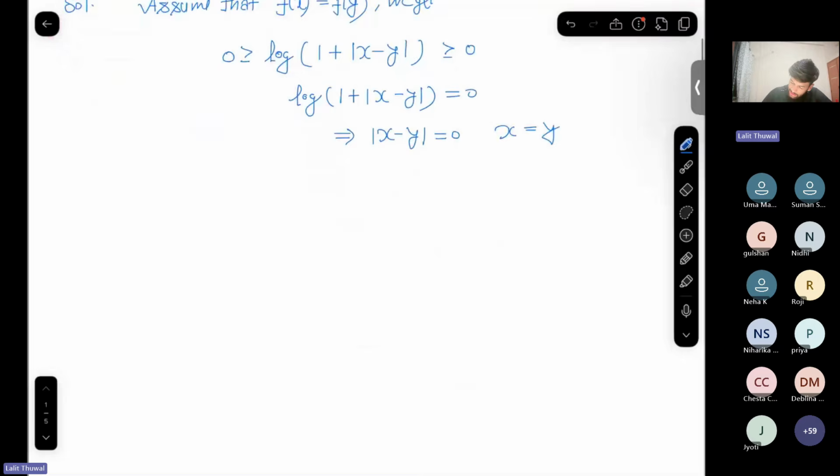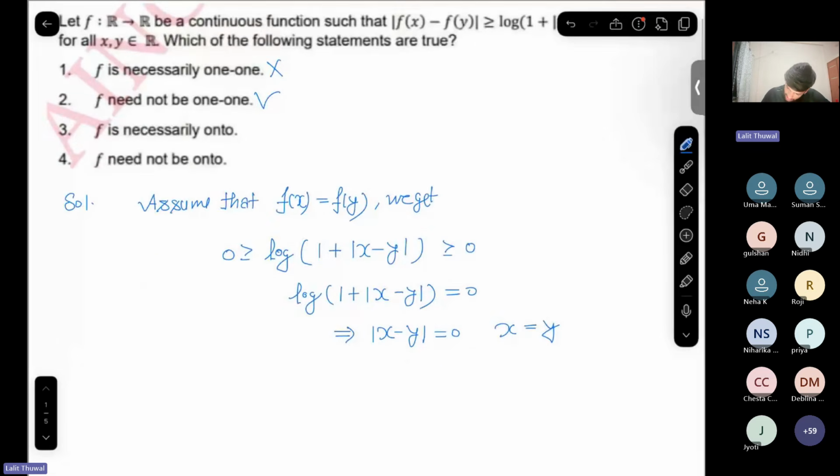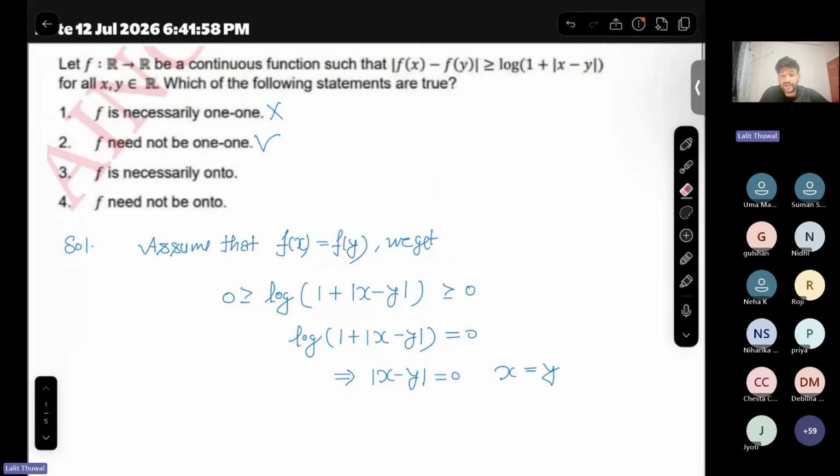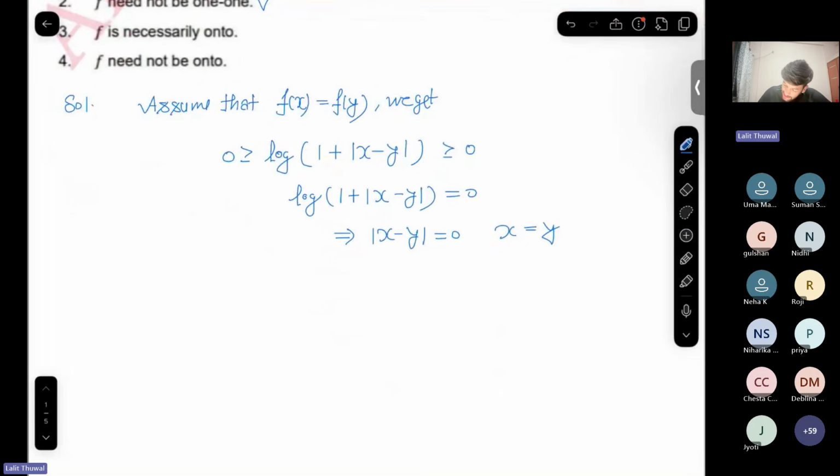So let's see by another way. See, mod of f(x). First of all, note that this is a continuous one-one function, right? Since f is continuous and one-one, f is strictly monotone.